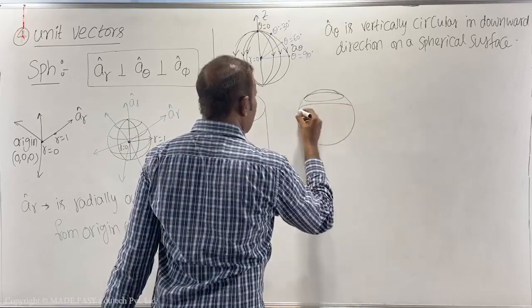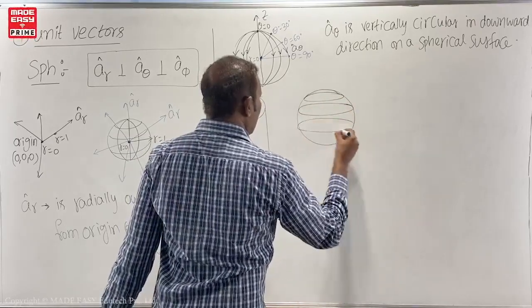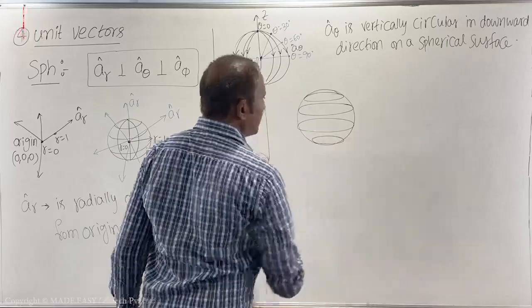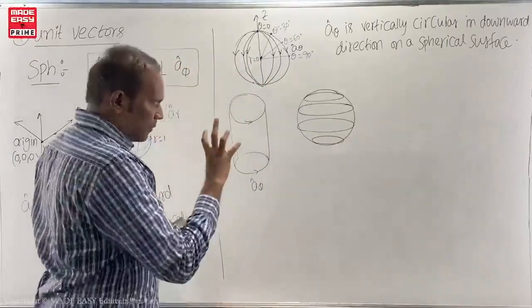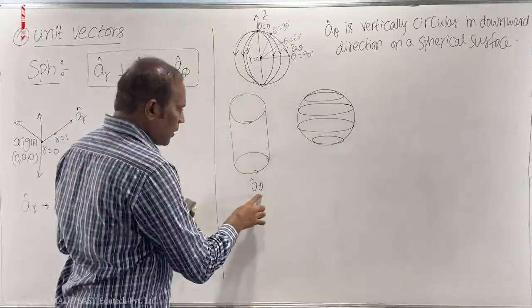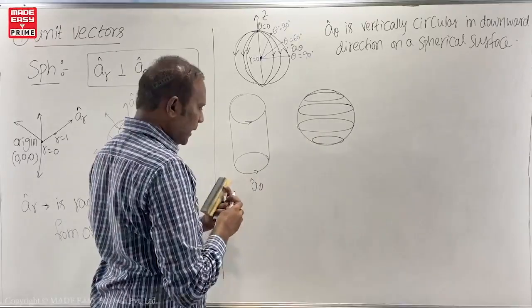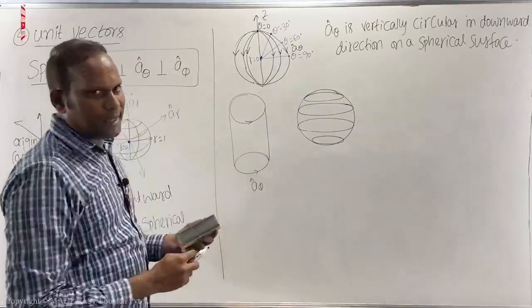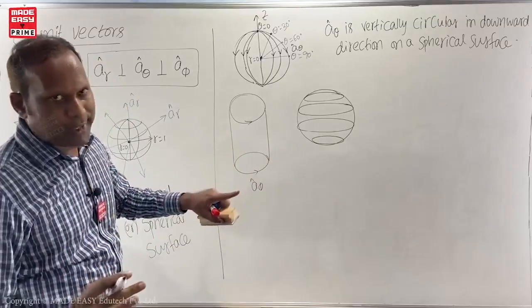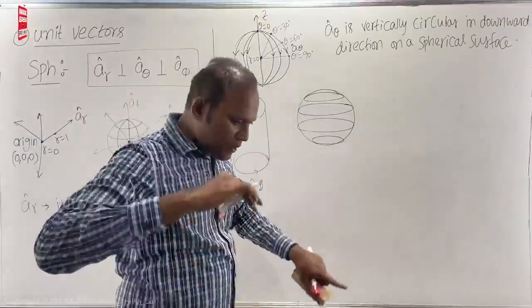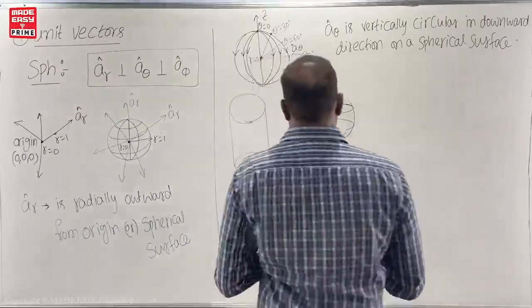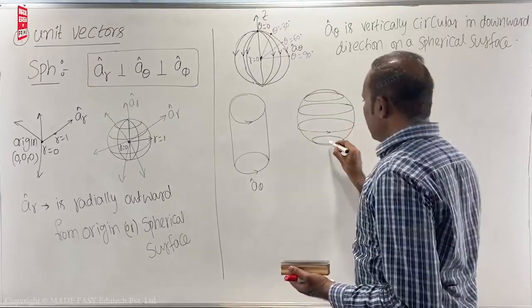Like this, horizontal circles you have to take. So, one thing is common. Here also horizontal angle, here also horizontal angle. But here horizontal circles on the cylinder in cylindrical coordinate system, horizontal circles on the sphere in spherical system. So this one is this.